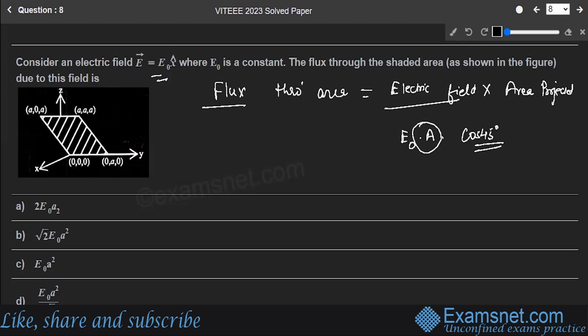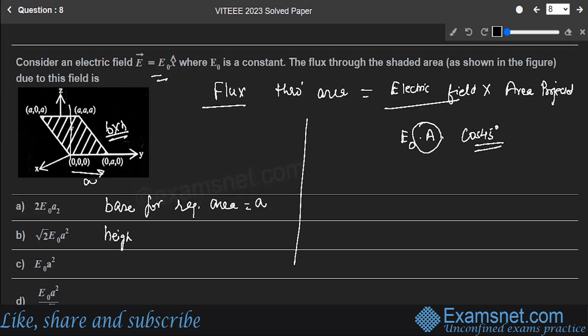Now let's find out the area of this. This is a parallelogram. Area of the parallelogram is base into height. The base is A, and the height? Now see, this is a three-dimensional figure. So the required area is equal to A times the height.